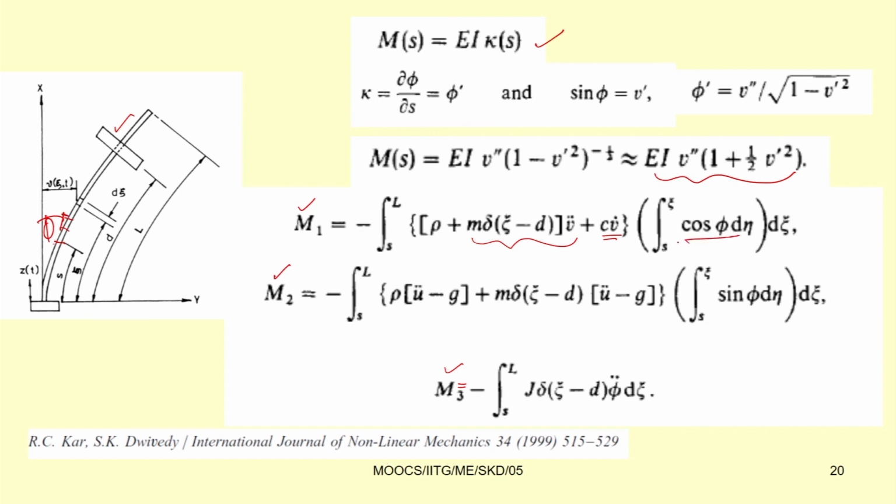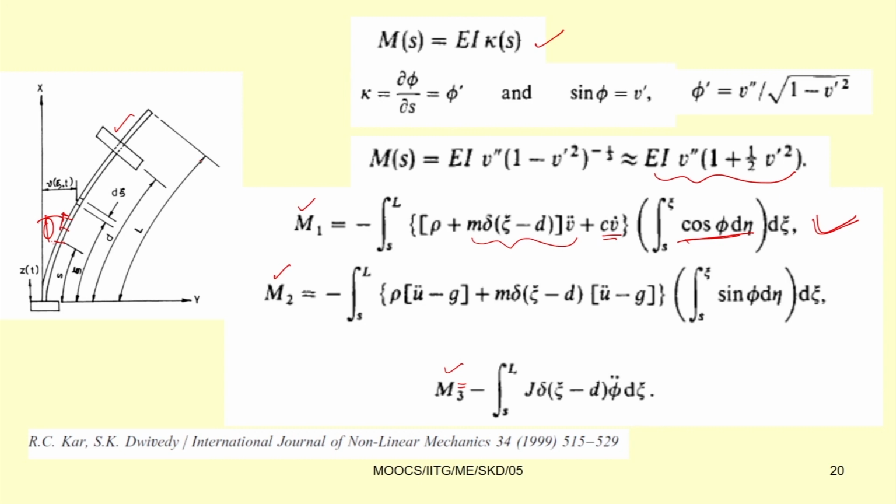That is why this cos component is multiplied, so it is cos phi into d eta. This integration is taking place from s to zeta. So, this is the moment equation for taking the force in the transverse direction.